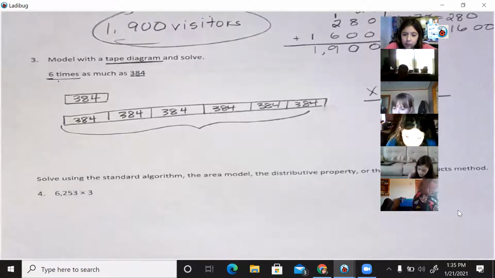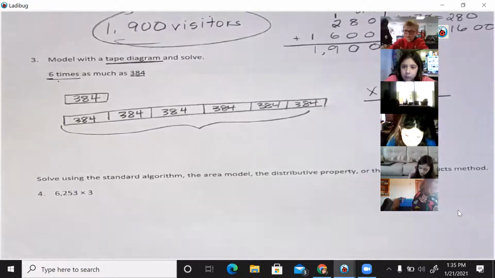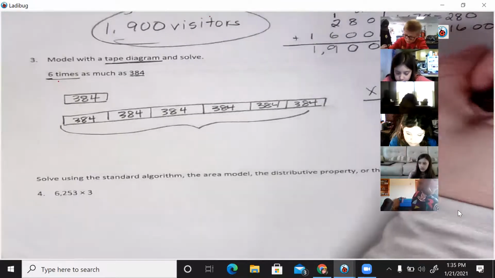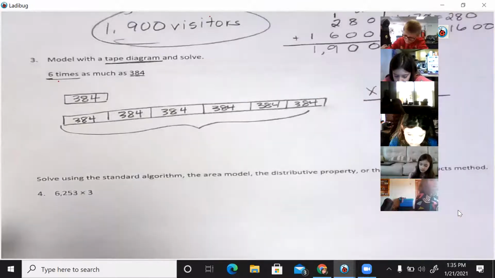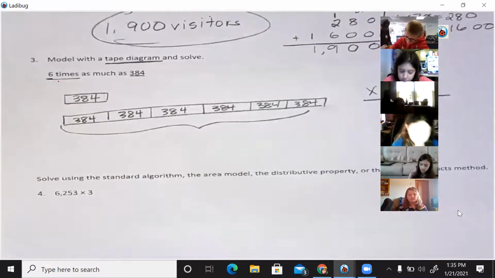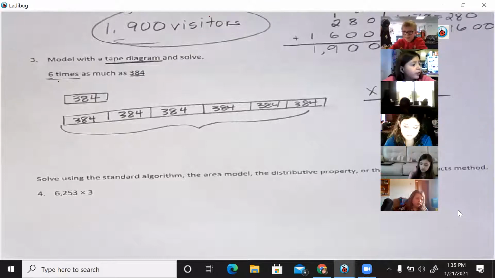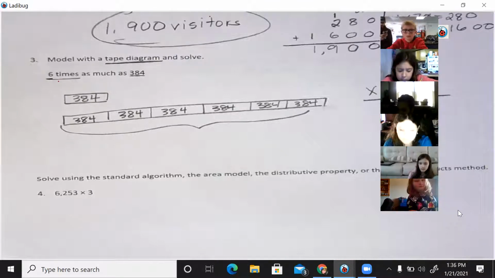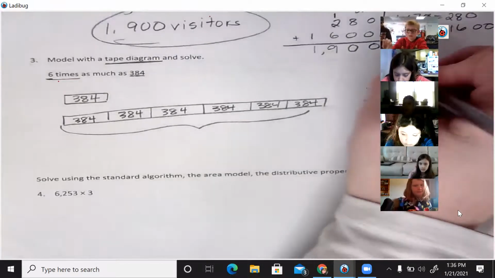6 times 4, which equals 24, and so you put down your 4 and carry your 2. Then you do 6 times 8, which equals 84. Now try that one again. There you go. Don't forget your 2. 6 times 8 equals 48.